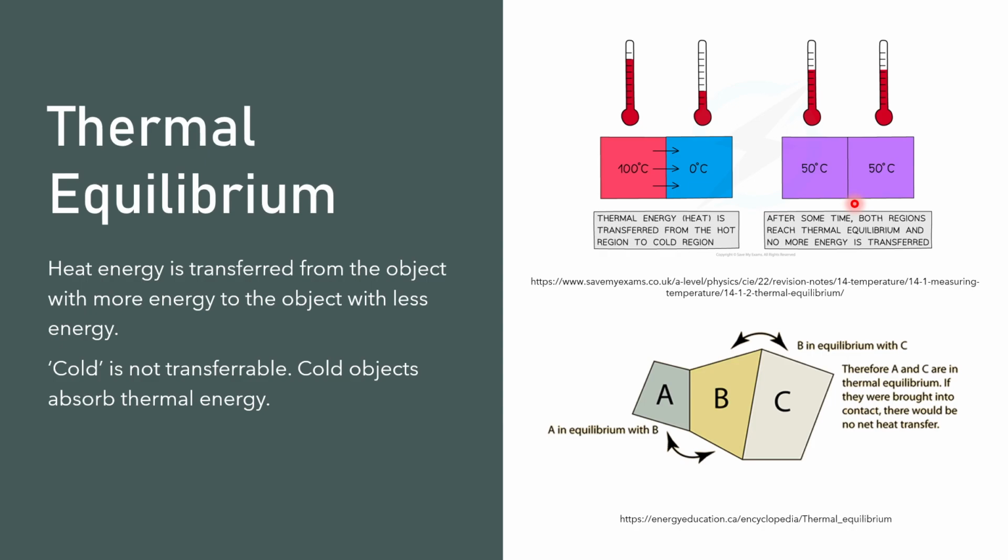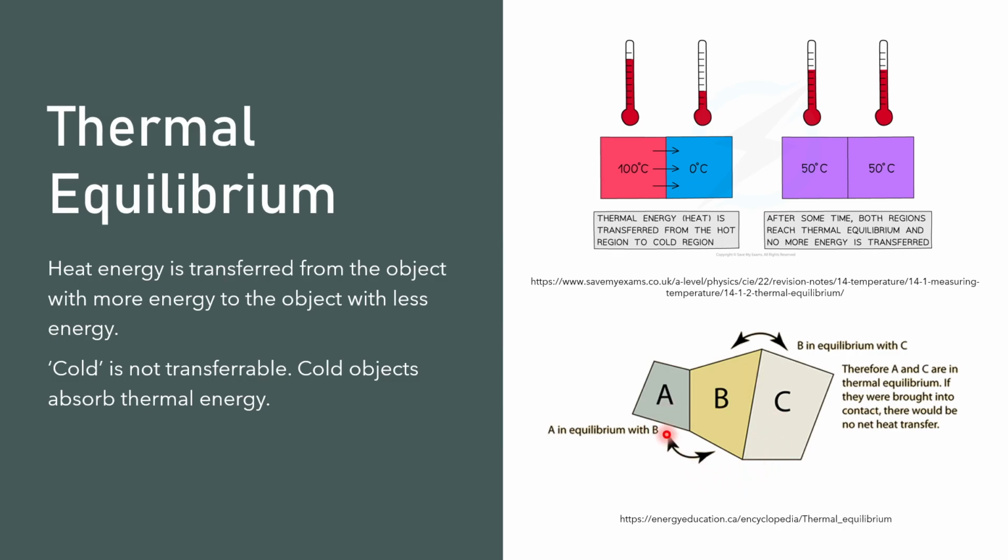There is an assumption that we can make with thermal equilibrium as well, and that is that even if, say, an object A and C are not touching each other, we could predict that they are the same temperature. And that would be the case if we were to achieve thermal equilibrium between A and B, and thermal equilibrium between B and C. So in this instance, let's say that we knew A and B were in thermal equilibrium and they were both 25 degrees, and we knew that B and C were in thermal equilibrium and they were both 25 degrees.